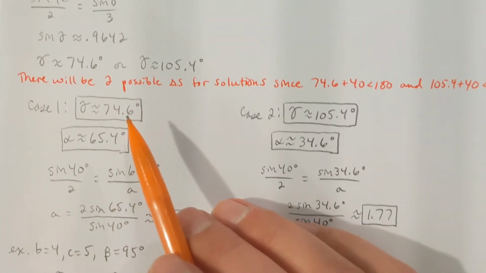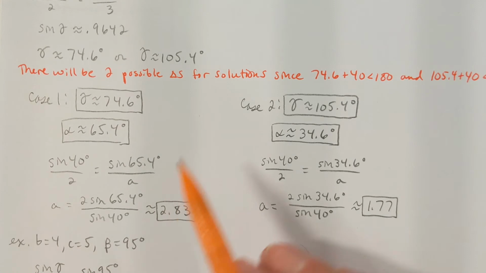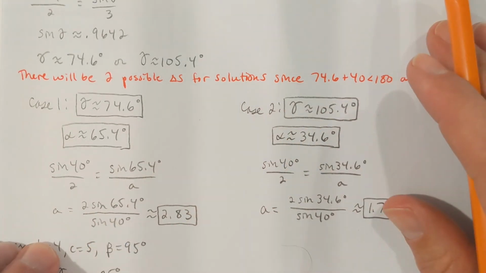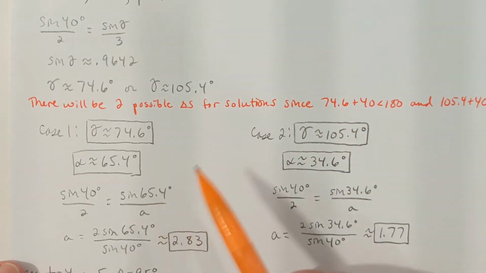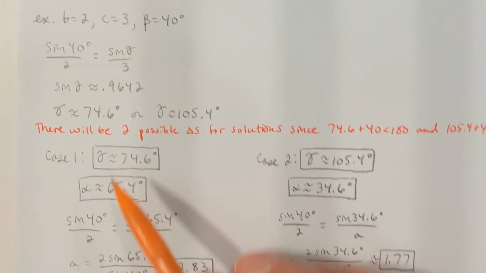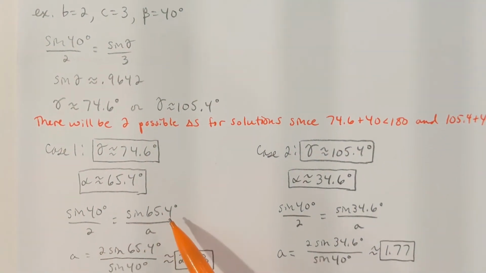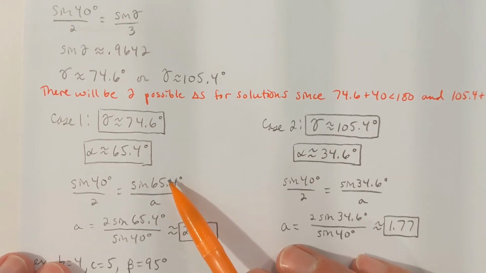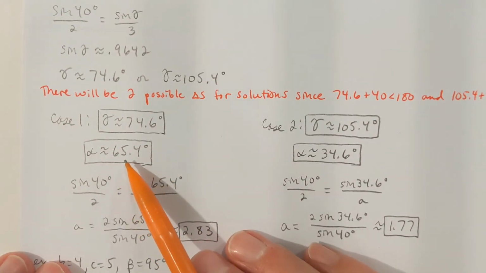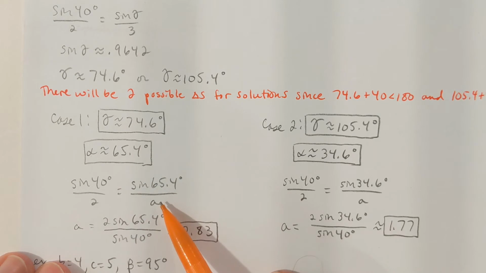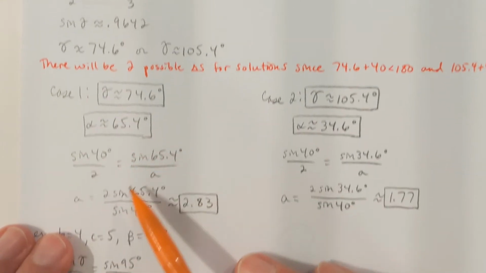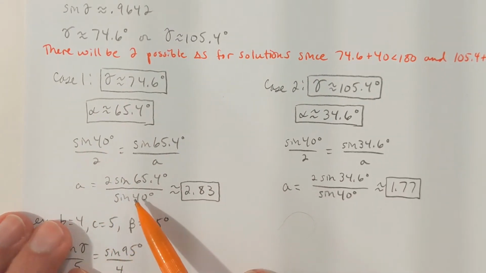In case 1, I've found gamma and alpha. I would just have to get A then, and I can use the law of sines a second time here. So sine of 40 degrees divided by 2 would be equal to sine of alpha, 65.4 degrees, divided by A. I've got to find A, cross multiply, and then go to the calculator.